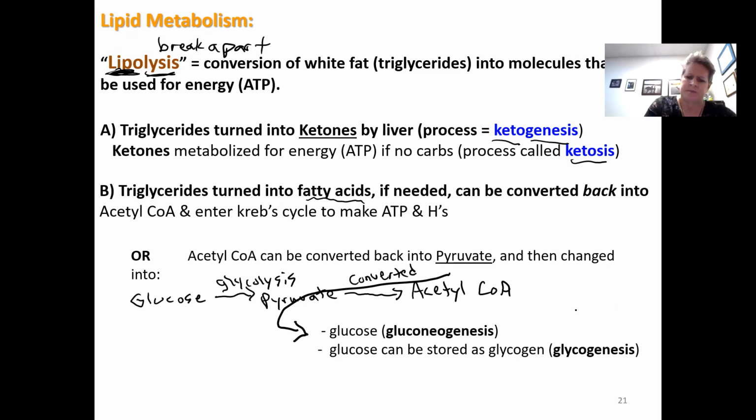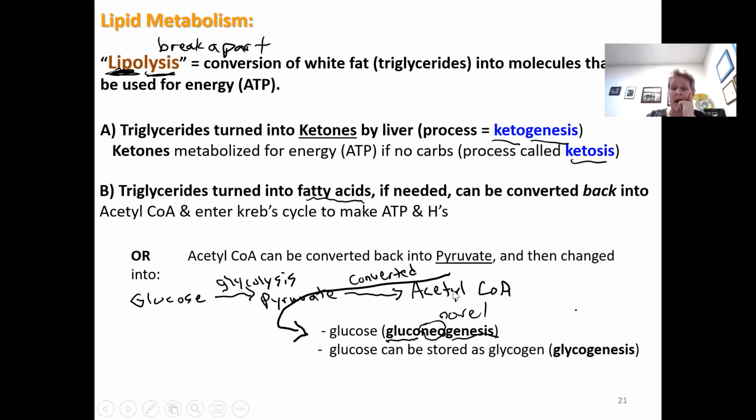Gluco is for glucose, neo means novel, like new, and genesis means create. So if you go backwards, it's the creation of glucose from a novel source, a non-carbohydrate source. And then in skeletal muscle and the liver, glucose can be stitched together by glycogen synthase. That's a process of making glycogen called glycogenesis.